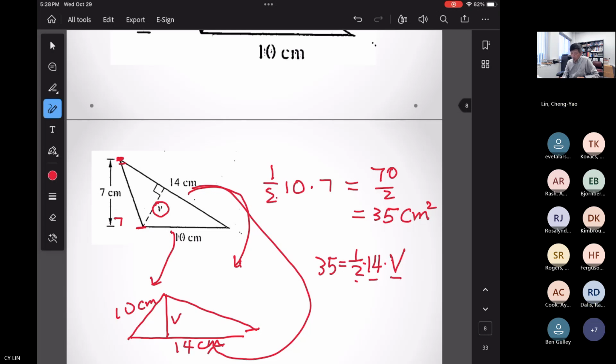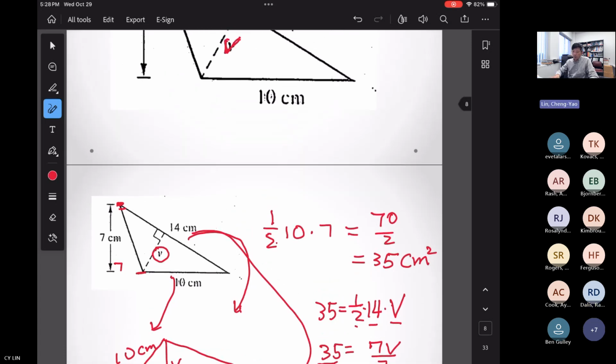So 35 actually is 7V, because 14 divided by 2 is 7, so 7V, divided by 7 for both. So V is equal to 5 centimeter, right?